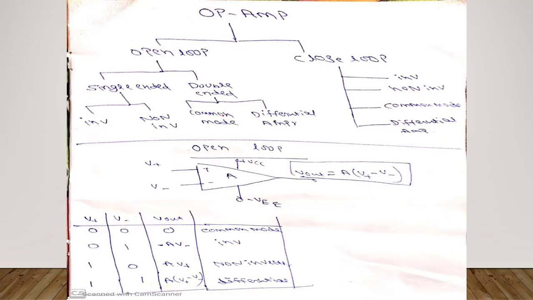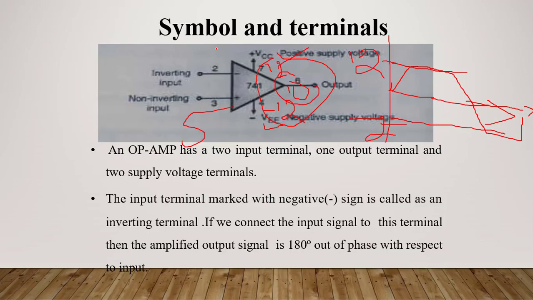Now you may get one question, what is the difference between open loop and closed loop? In the open loop I cannot change the gain. Gain is actually inbuilt, that is called AOL. Okay, and this gain is already present in the op amp, it is always constant, I cannot change the gain. If I give 5 volt, the gain is inbuilt, and according to that I am getting the same answer on the output side.